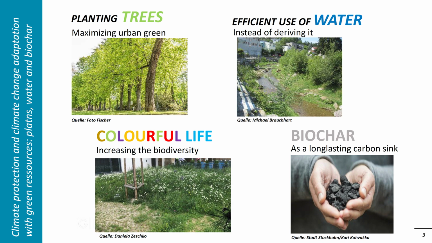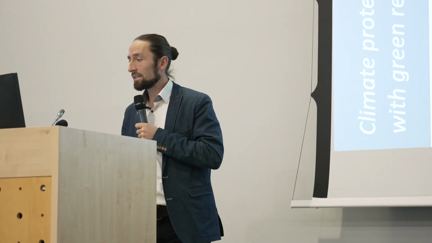For example, over here with these flowering meadows, we use them a lot in Graz, and it's a really nice tool, I would say. The inhabitants also like it a lot. And the last, perhaps a new topic for some of you, is biochar as a long-lasting carbon sink. This is also a goal for climate protection, not only climate mitigation.